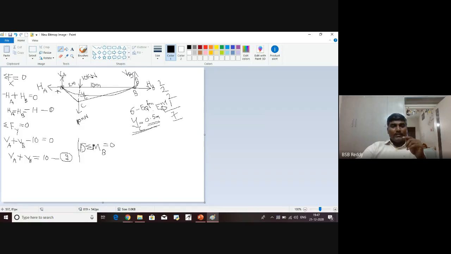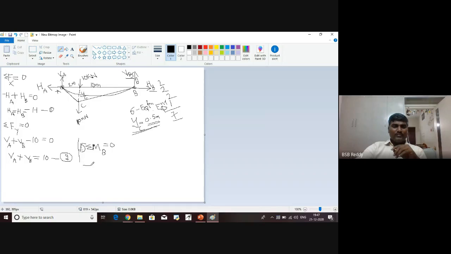Okay. So right. So taking B, VB distance 0, HB distance 0. Even HA distance is 0. It is passing through. So how many you have? Already three quantities are not having any moment at B. So only two, VA and 10. So write that one. So VA is giving you clockwise moment.